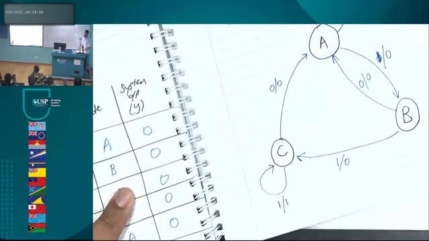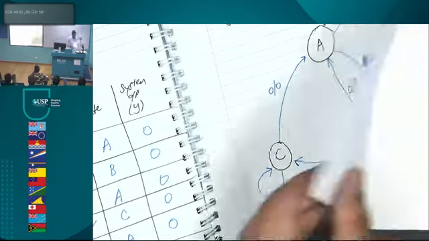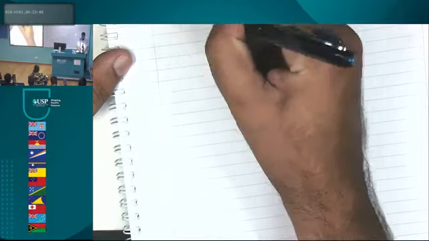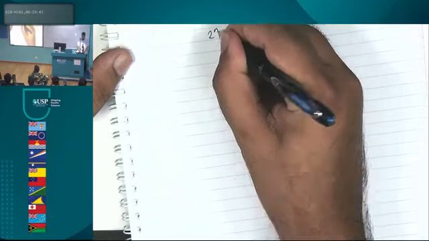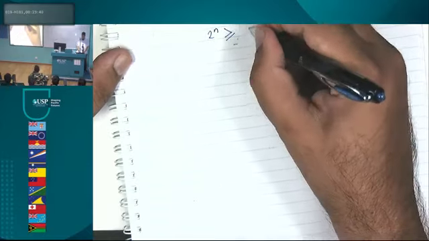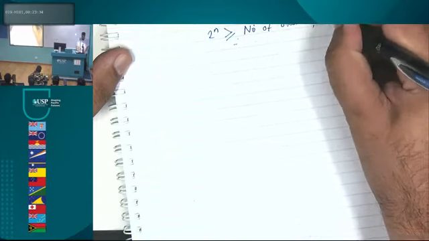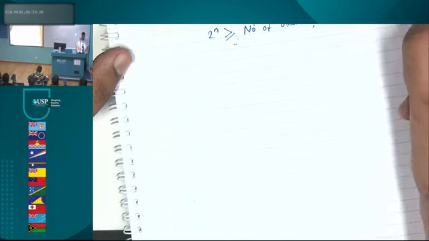How many states, guys? 3 states. How many flip-flops do we need to entertain this? 2 flip-flops. Right? Okay. How do we find that? Right. Let's get this down. For Mealy, you had 3 states. 2 to the power of n should be greater than or equal to the number of states, where n is equal to the number of flip-flops.